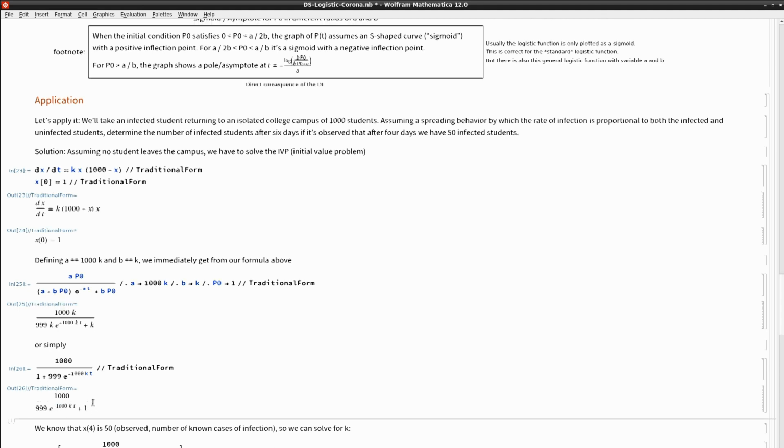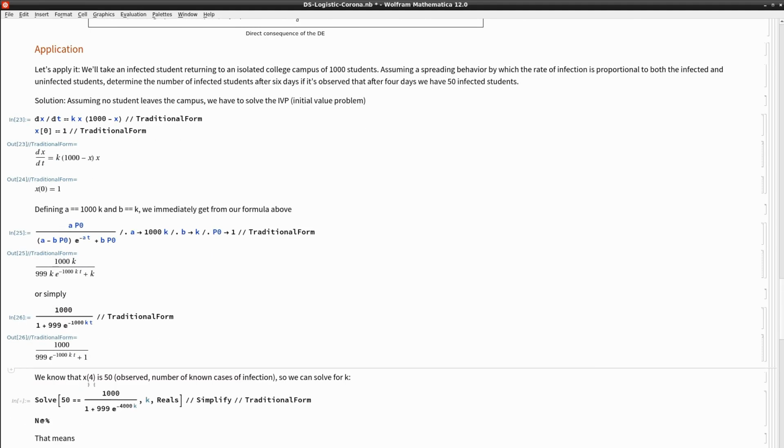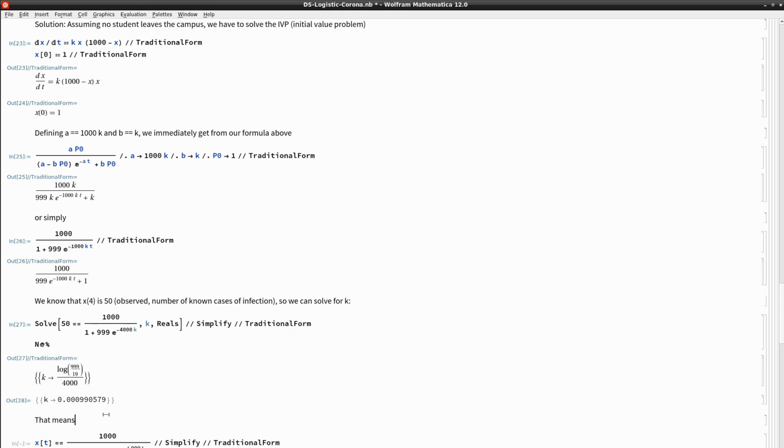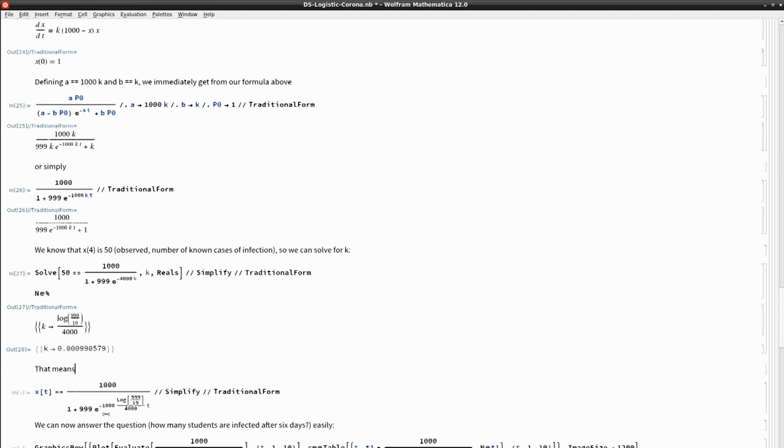much more simplified formula. We know that x of 4 is 50, that's what we have observed, and that means we can solve for it, because this now on day 4 corresponds to 50 people. So what is k? And k comes out to be this number. It's a logarithm divided by 4,000.